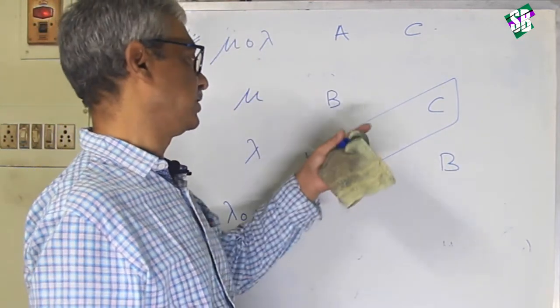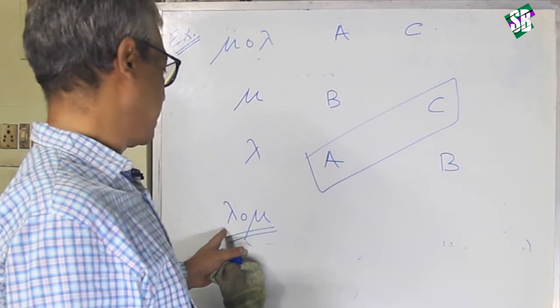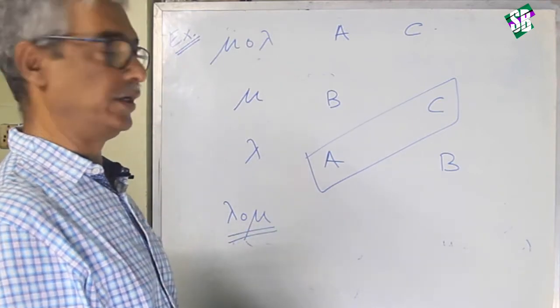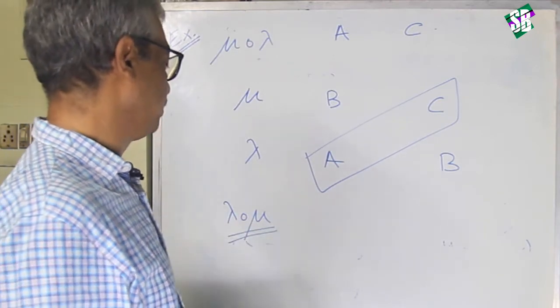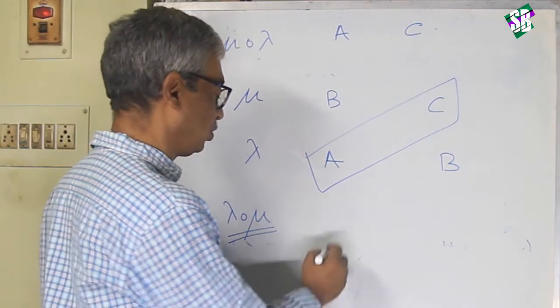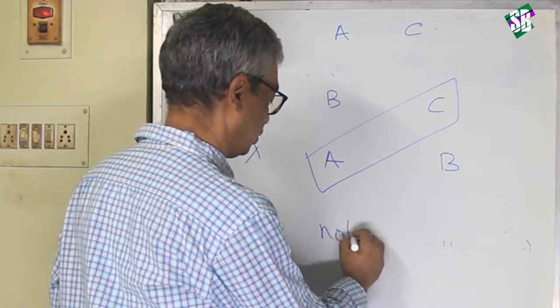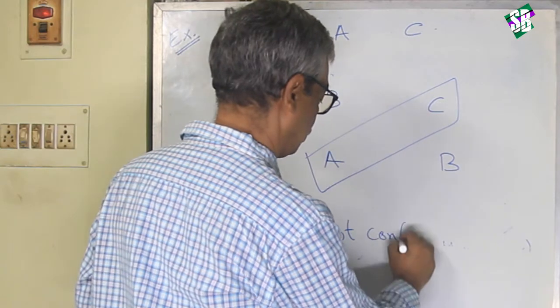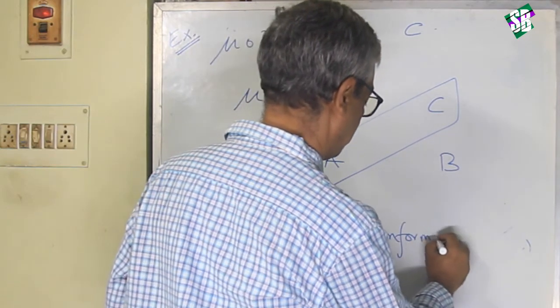But since A and C are different sets, lambda o mu cannot be defined. So here lambda o mu can be said to be non-conformable.